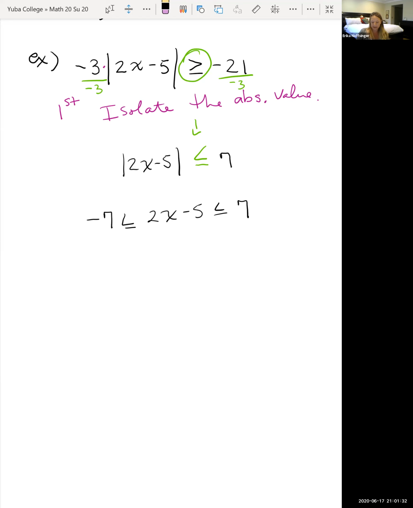So our goal is to get this x by itself in between these inequalities. First up, we would add 5 to all three sides. -7 plus 5 gives us -2, is less than or equal to 2x, less than or equal to 7 plus 5 gives us 12.